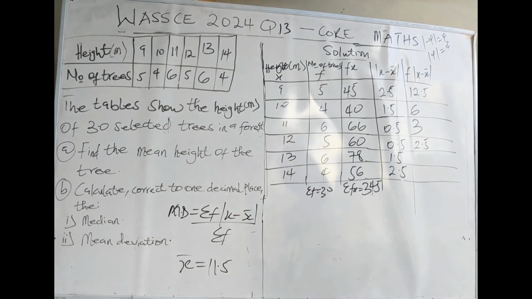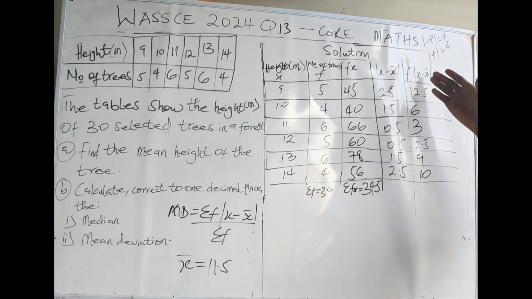And also 6 multiplied by 1.5 gives us 9. And last, 4 multiplied by 2.5 gives us 10. So now we're done with our f times absolute x minus the mean.